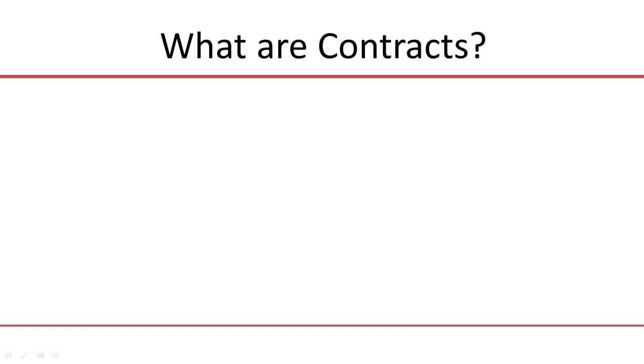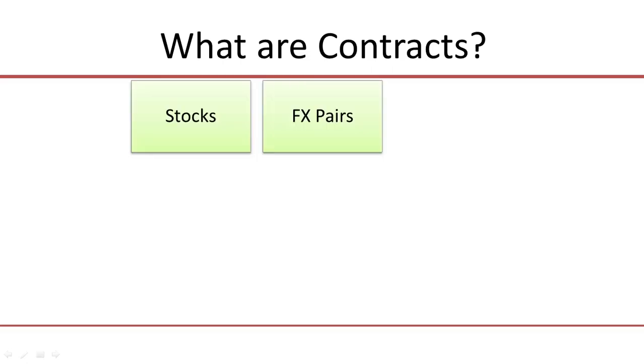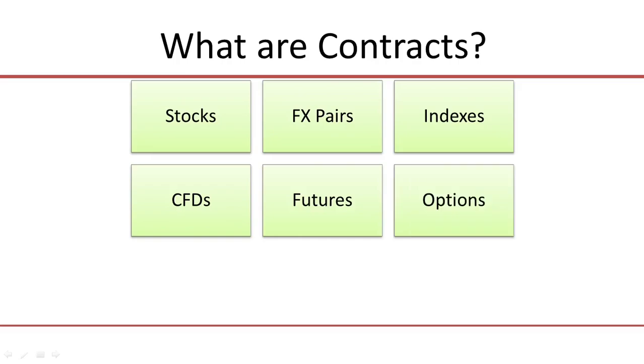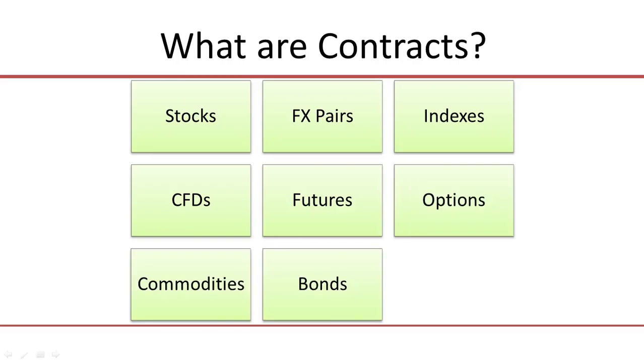So what are contracts? Contracts are nothing but the trading instruments like stocks, FX pairs, indexes, CFDs, futures, options, commodities, bonds, and mutual funds.